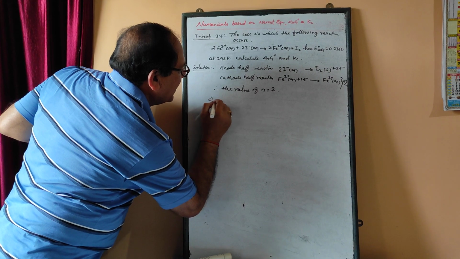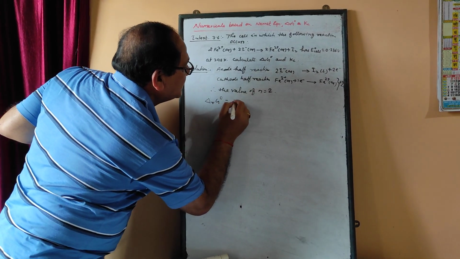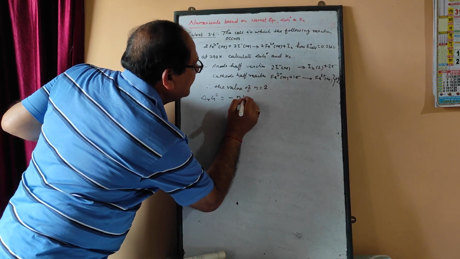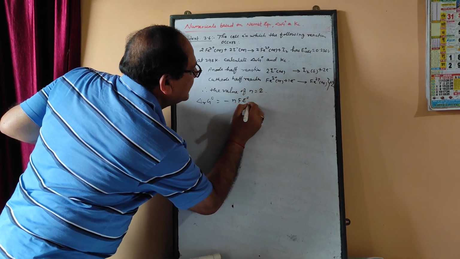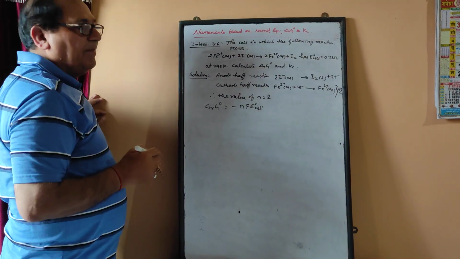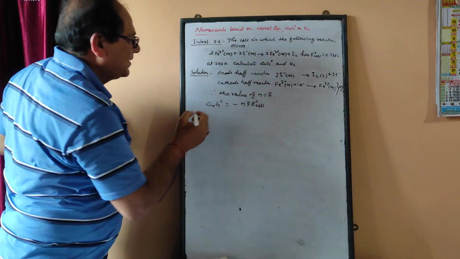Now, delta rG0 is equal to minus nF E0 cell.